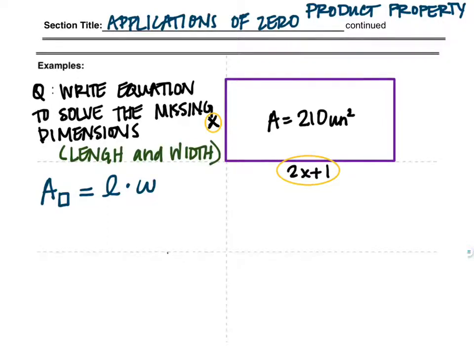So I'm going to go ahead and do that. So I have this 210 units squared is equal to the length of 2x plus 1 times the width of x. Now to go about working on a solution for this, I need to solve, and I'm going to make this a bit smaller.